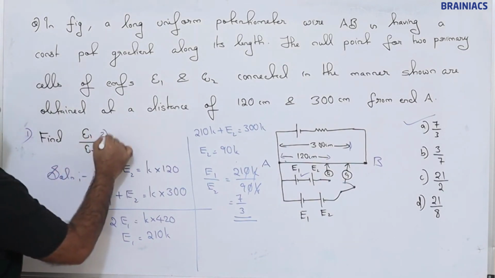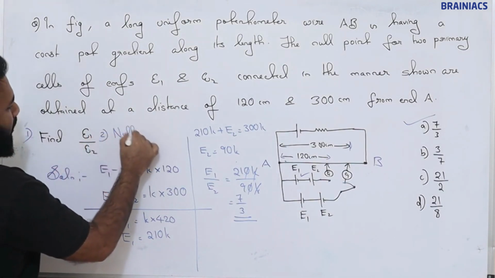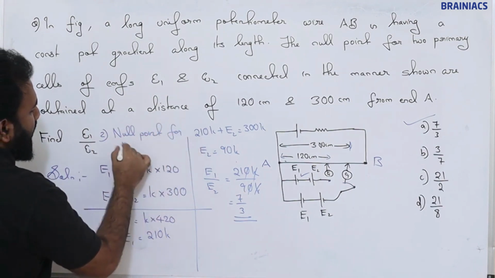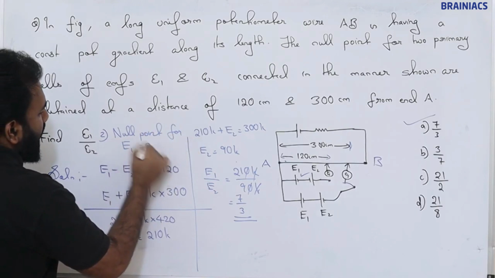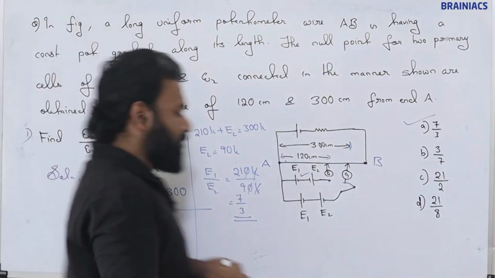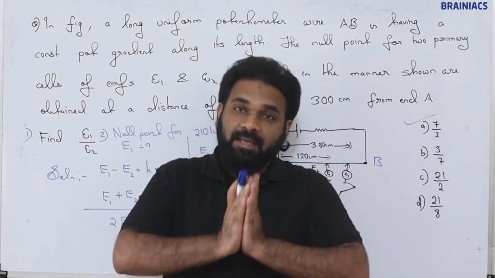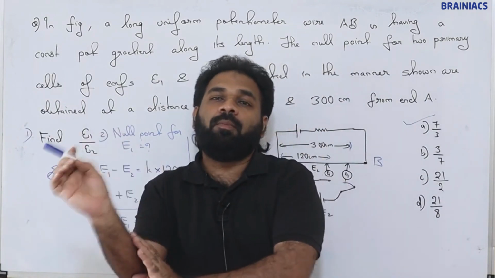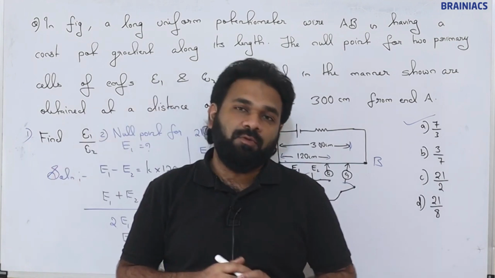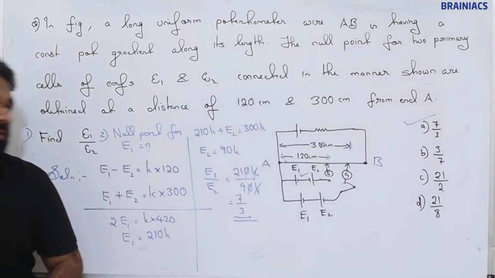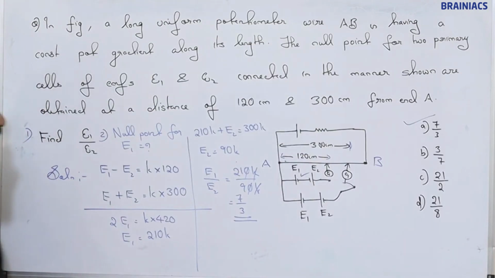Suppose they ask the null point for E1. Instead of all these, if we connect cell E1 alone, where will we get the balancing length? That is the question: null point for E1. Pause the screen and try yourself.